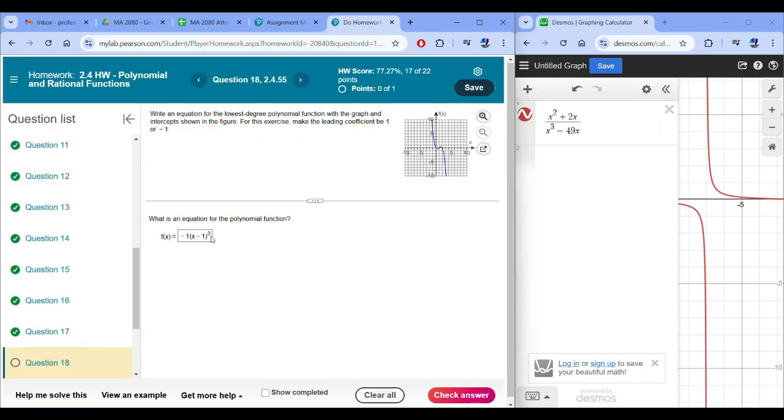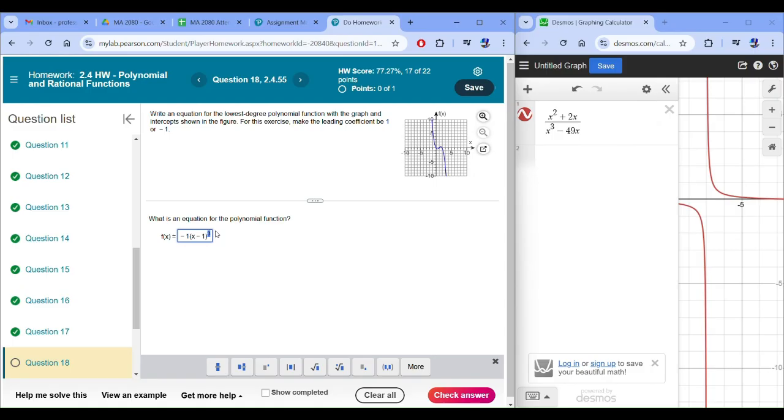So let's see. If we're smart about this, then let's say that it's going to be x, the first intercept, times x minus 1, the second intercept, times x minus 2, which is that intercept, right? Now that would equal x squared minus 3x plus 2.